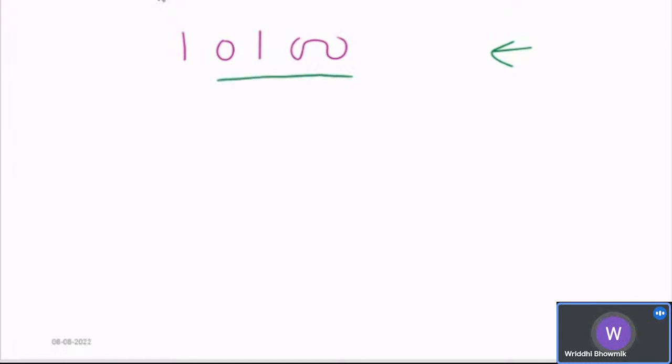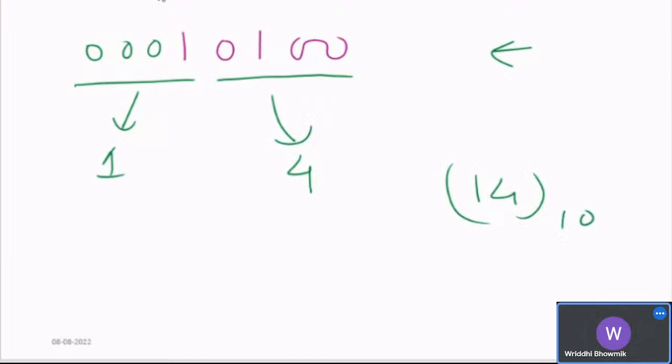So like this, 4 binary bits, and you have 1. So put another 0 on the left hand side, and you will make another group. So from here you will get 1, from here you will get 4. So it is 14, right?